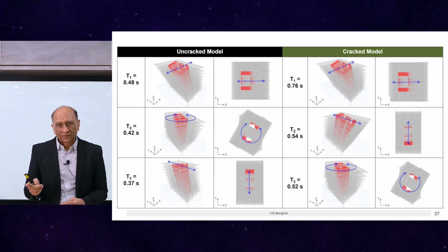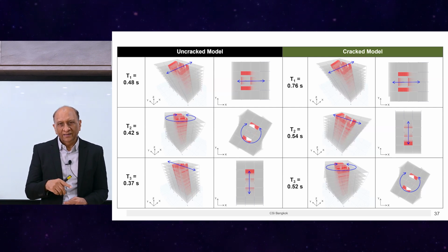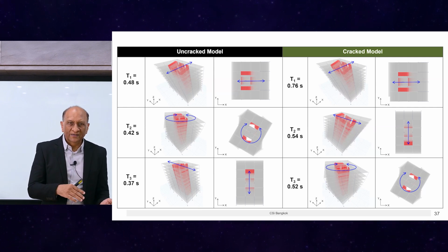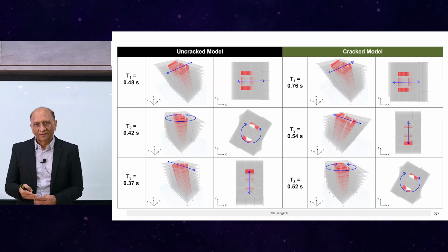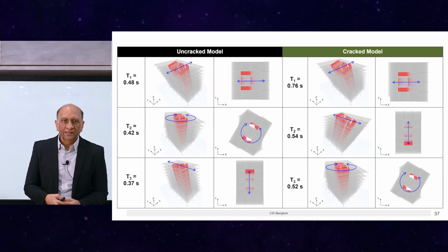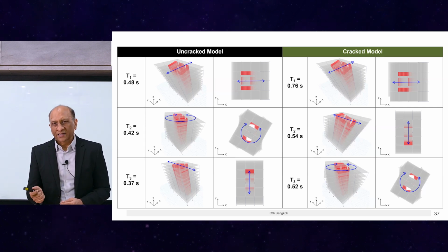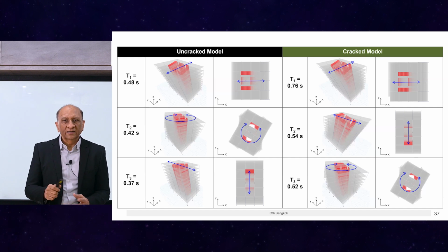Let's compare now the two buildings, the tall building on the left-hand side and the medium or low-rise building on the right-hand side. You can see the reduction in the first one is about 18%, and the second one is about 35%.